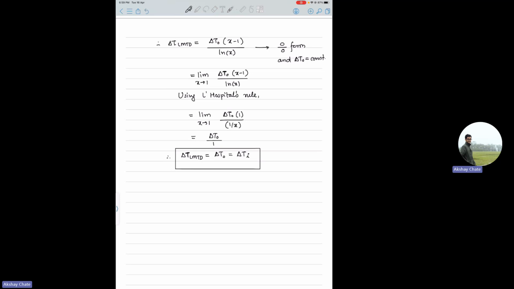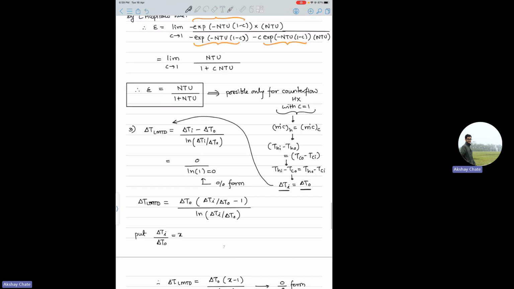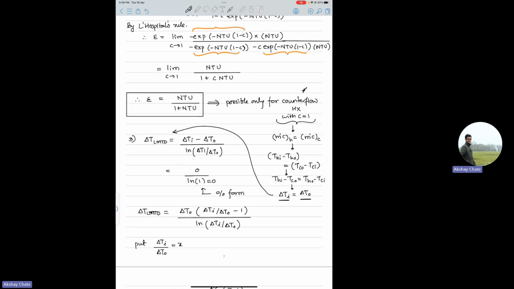So at any cross section, if you take the delta T, it will be equal to the delta T at the inlet as well as the delta T at the outlet, as well as the delta T LMTD. And that is a very special case. You should keep in mind that this is valid for a counterflow heat exchanger with C equal to 1, or capacity ratio equal to 1, which is also called a balanced heat exchanger.